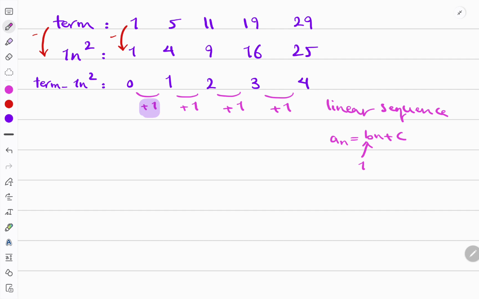Okay, for the first term, if you plug 1 here, 1 times 1 is 1, but the answer should be 0. So we should subtract 1 from this bn to find 0. So you can build this 1n minus 1.